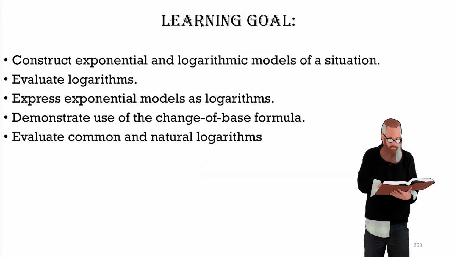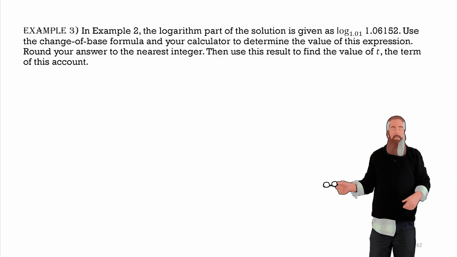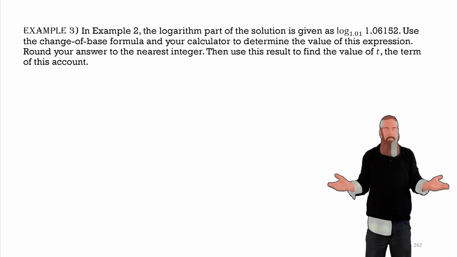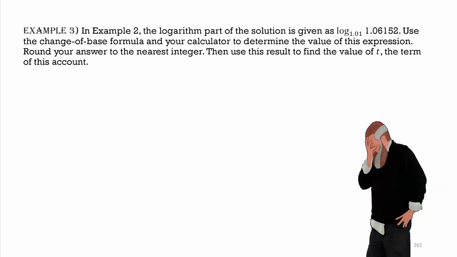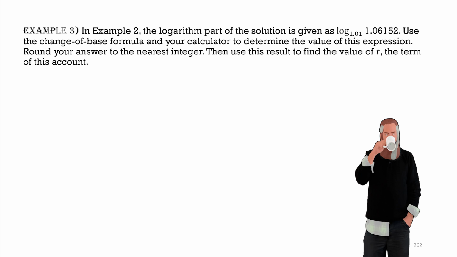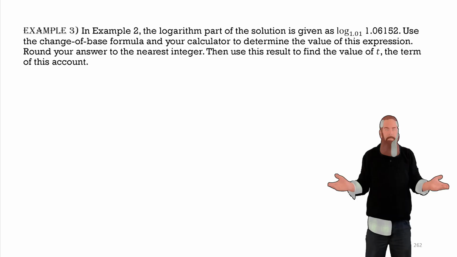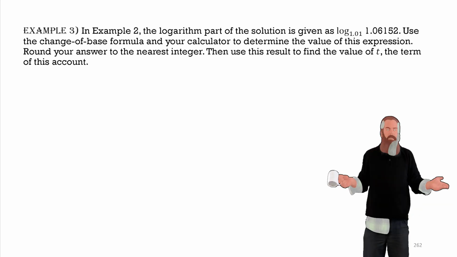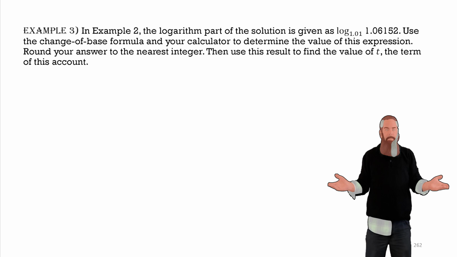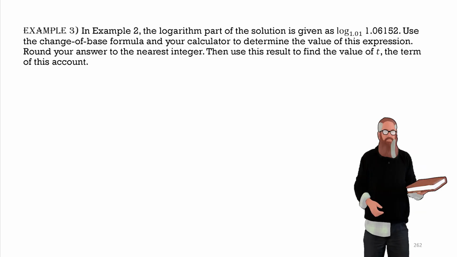Now let's demonstrate the use of the change of base formula and evaluate logs. In example 2, the logarithm part of the solution is given as log base 1.01 of 1.06152. Use the change of base formula and your calculator to determine the value of this expression. Round your answer to the nearest integer. Then use this result to find the value of t in terms of this account.